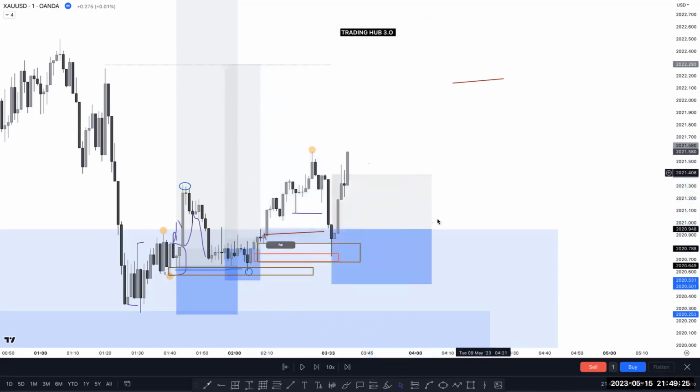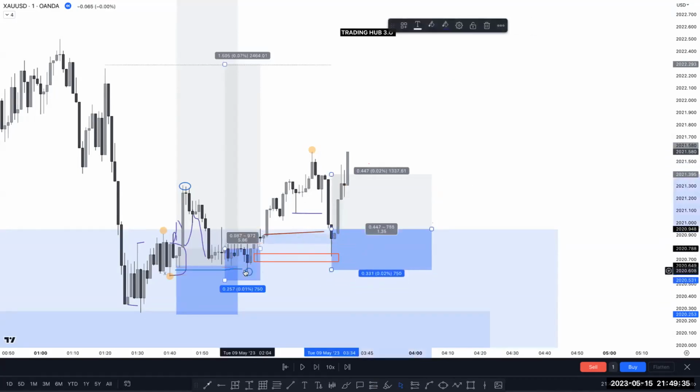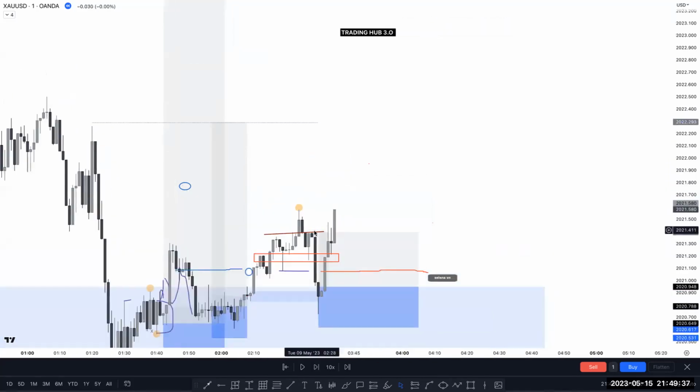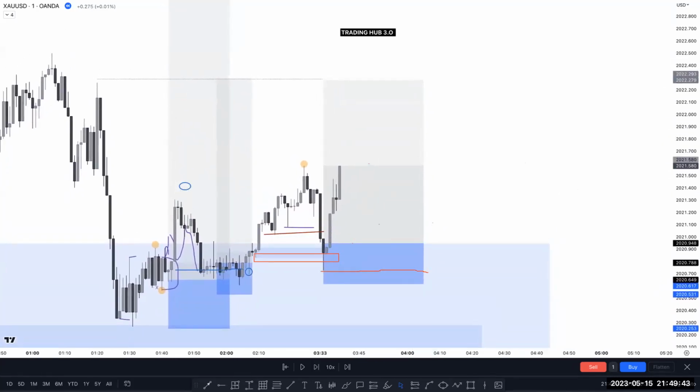And you have to buy here. And put the stop loss below it. If the market closes overweight, this is another break of structure.